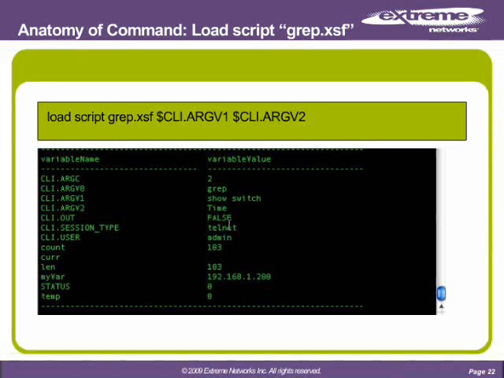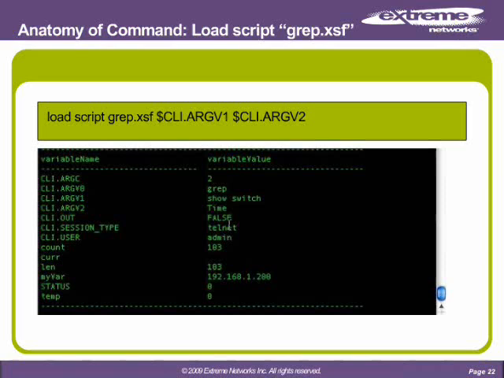Now we're taking a look at the CLI argument value 1 and argument value 2. And if you look at the screen capture, you'll see that argument value 1 is a variable that was created by the operating system with show switch, and argument value 2 is the variable time that again was created by the switch.